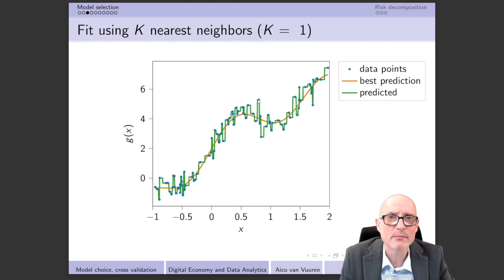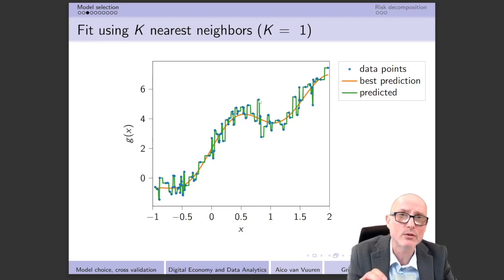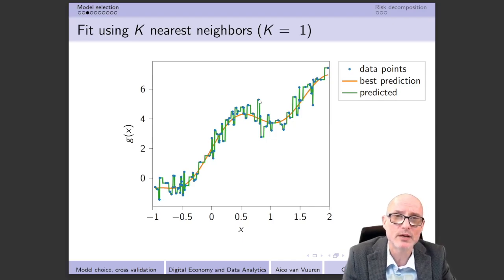Well, that essentially means that if I would like to predict this point that we have over here, what we do is take the average of that point itself, because it's this data point. It only takes the average of that single data point, because we only look at the closest point, and that is of course the value itself.